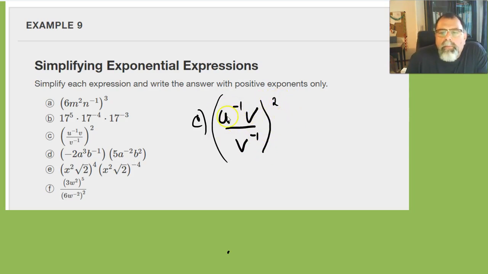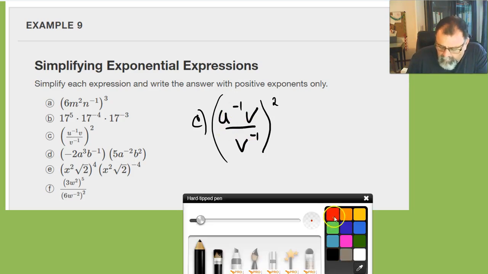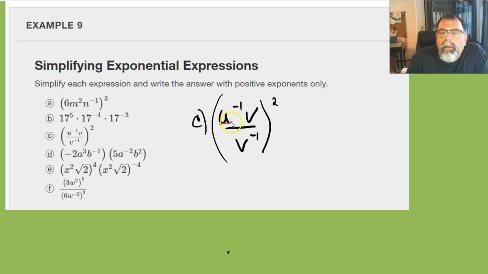So I'm going to simplify in here first. And remember what I said about an alternate way to think of the exponent rule. If you have a negative exponent and you want to make it positive, you just move it to the other side of the fraction bar. So this one's going to go up.